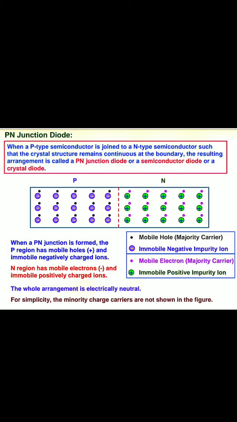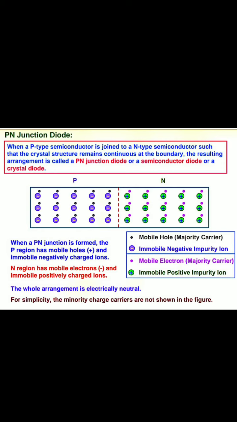But the drift process continues, because the minority carriers are small in size, so they will easily drift or sweep across this depletion region and move from P to N side. Okay, so due to the diffusion process we get the depletion layer, and when diffusion and drift processes become equal to each other, then no majority carriers or minority carriers further move from P to N side or N to P side.